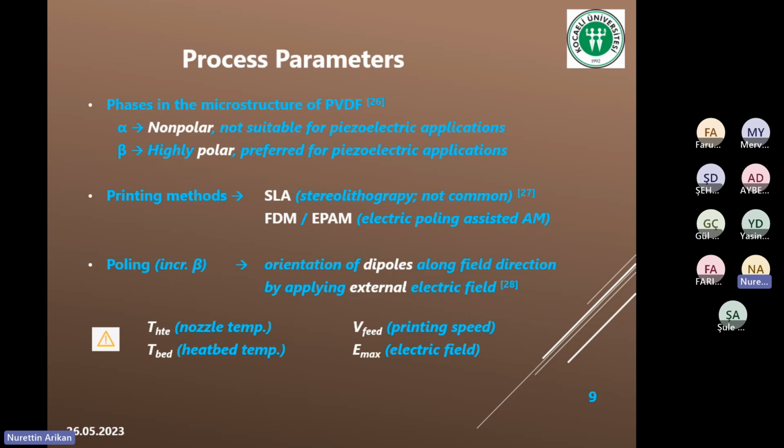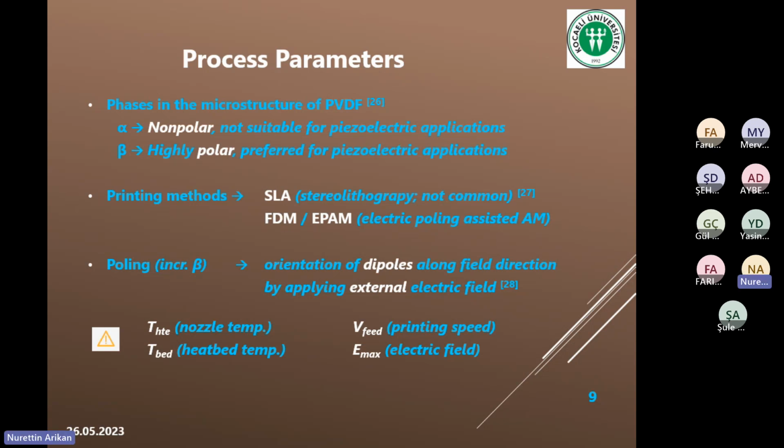The printing methods. In the literature, it has been reported that it's possible to print PVDF by SLA or FDM, but SLA is not common. I have found just two reports, two publications, but as for FDM, there are more than 20 publications in the recent years.